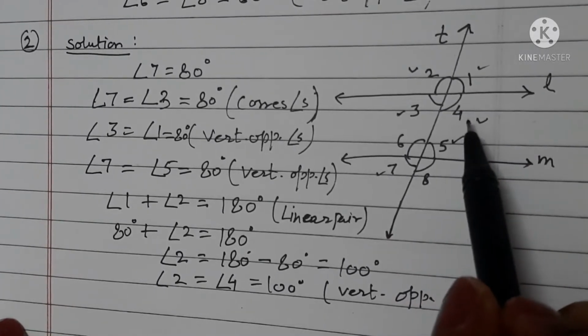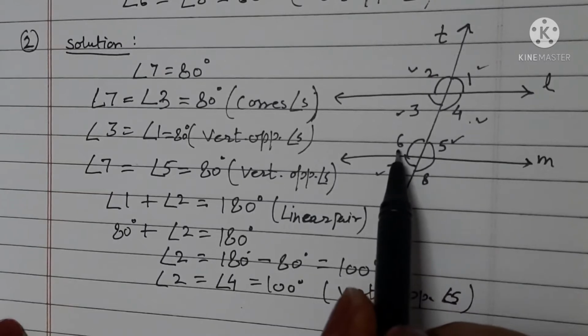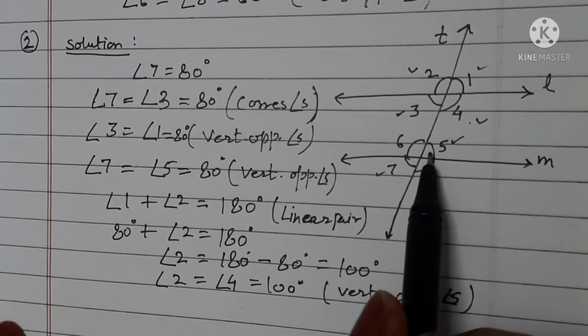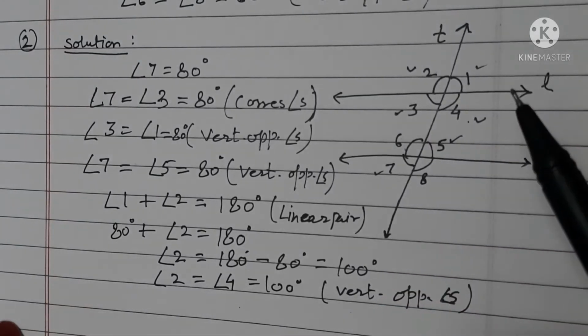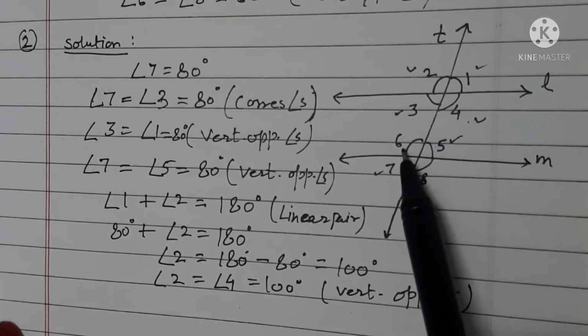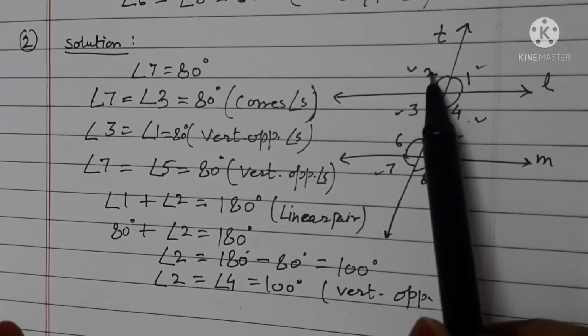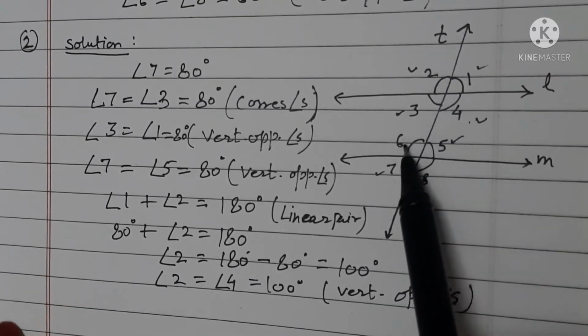Now same here, angle 5 and angle 6, the sum of these angles, or you can say angle 2 and angle 6 are corresponding angles. Any method you can use. Pair of these two will be equal. It means angle 2 is equal to angle 6, corresponding angles.